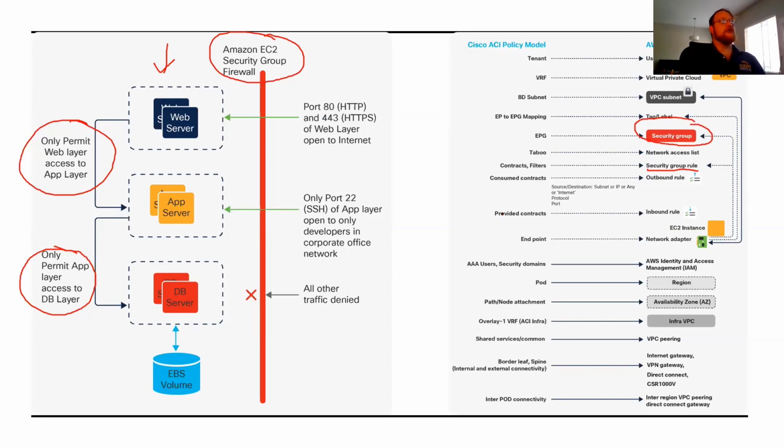So when you push the policy from the APIC, what you're used to seeing, your application network profile, EPGs and contracts, AWS doesn't see it as contracts and EPGs. It sees it as security groups with security rules between them. That is the major function of the Cloud APIC. It translates the ACI native constructs into an AWS readable, understandable construct.